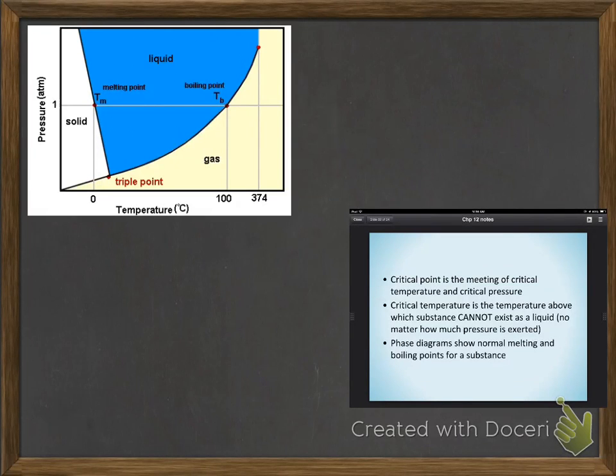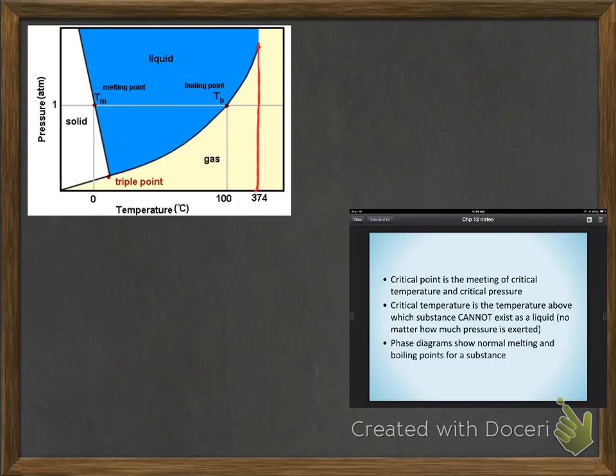Okay, so if you look at this phase change diagram, you have a critical temperature. And for the substance shown here, and I don't know what this substance is, the critical temperature is 374 degrees Celsius. Above critical temperature, it does not matter how much pressure you put this thing under.